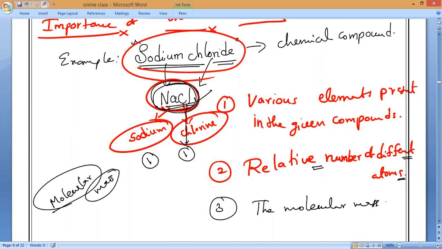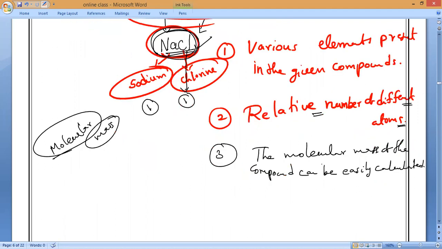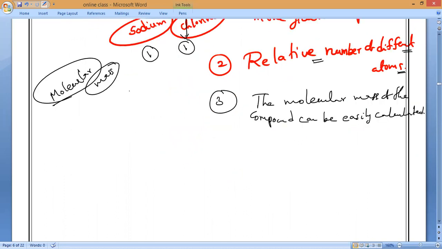The molecular mass of the compound can be easily calculated with the help of the chemical formula. So that is why the chemical formula is very important. Also, we have studied the ratio. Do you remember? In the second chapter we studied the percentage ratio. So we will calculate the percentage ratio also.